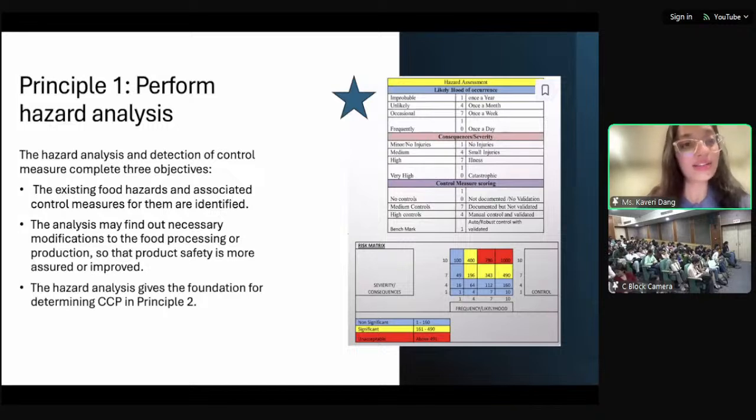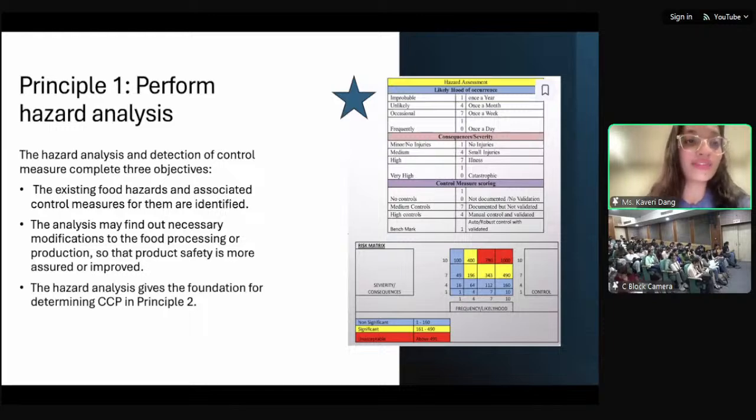So, in hazard analysis, it's a working exercise for us to analyze what kind of hazards we might encounter. Because if we have identified those hazards, it will be easier for us to establish our critical control points.